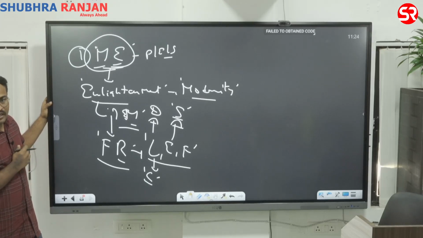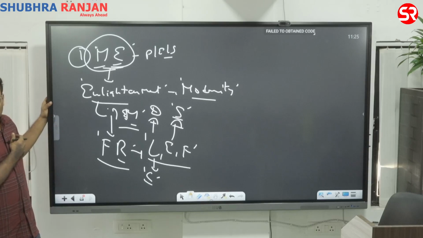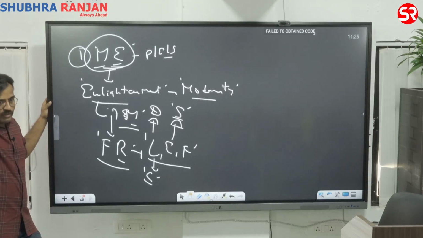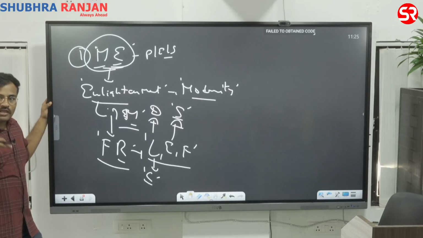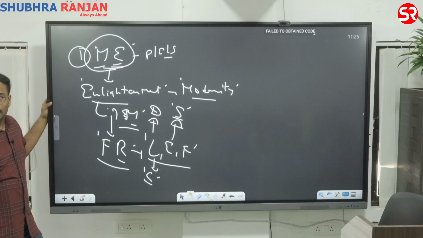Are you following this? Then the third idea that has been proposed is this idea of fraternity, sir. What is the meaning of fraternity? Brotherhood. So is it a universal brotherhood, sir? Is it the brotherhood of all the people of the world? Fraternity is nothing but a national brotherhood, sir.